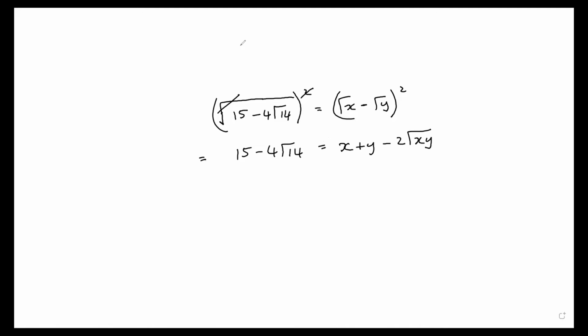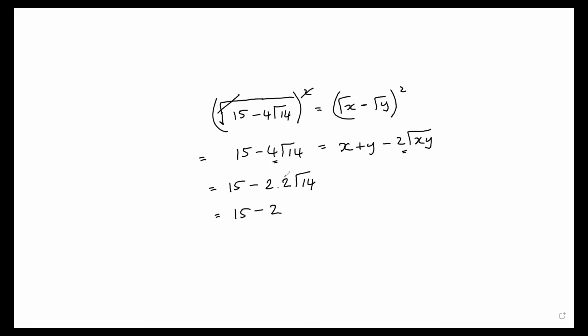Okay, so the problem you've got now is that this is 4, but this is 2, and we need to have 2. So this 4 has to be changed to 2. So what we can do, we've got 15 minus 4, and 4 is 2 times 2, isn't it? Root 14. And now what I've got to do here is 15 minus 2.